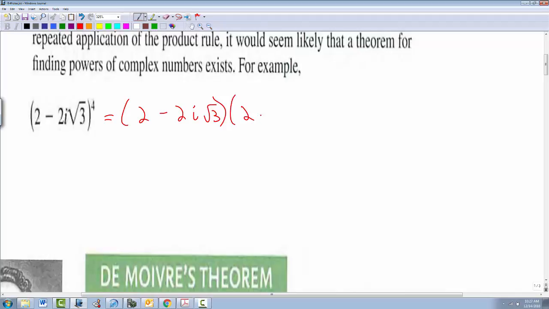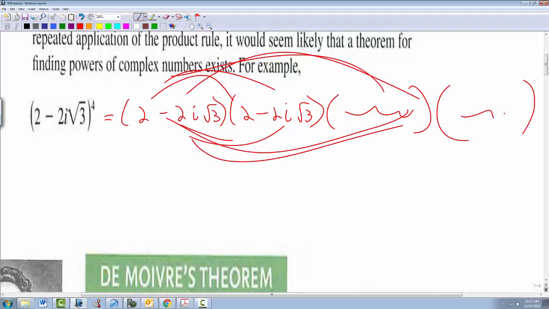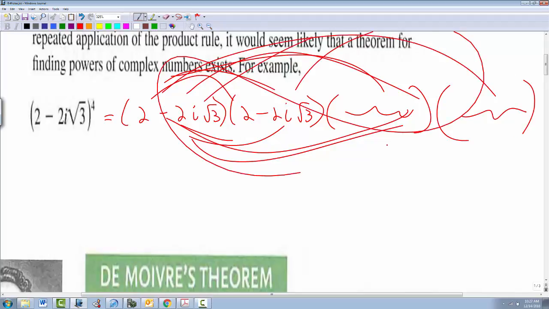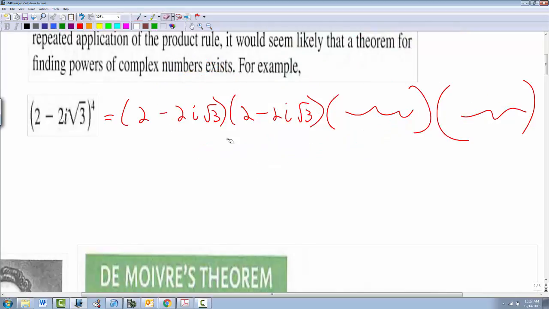You'd have to do this times this, get that answer, and then multiply that answer by this, and then multiply that answer by one more of those. Right? Wouldn't that be a lot? Wouldn't that be a pain? Yes, Mr. Thamberlith.